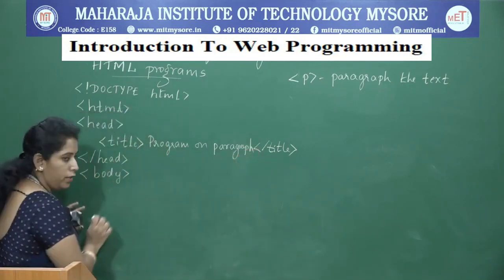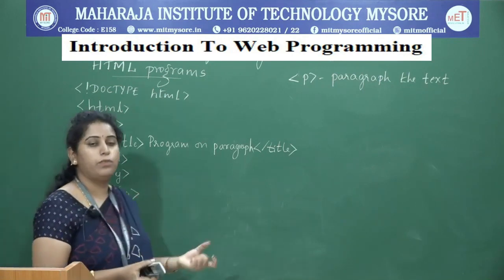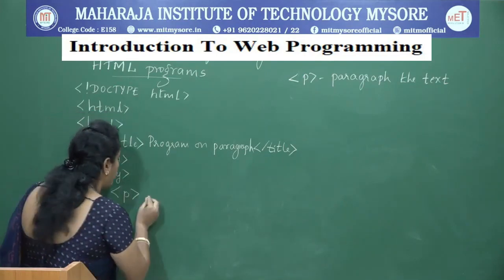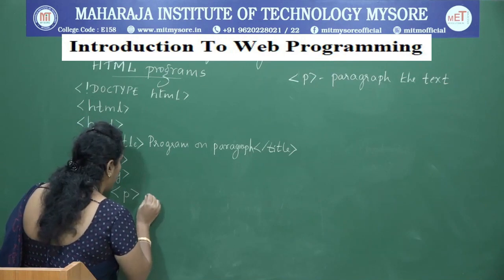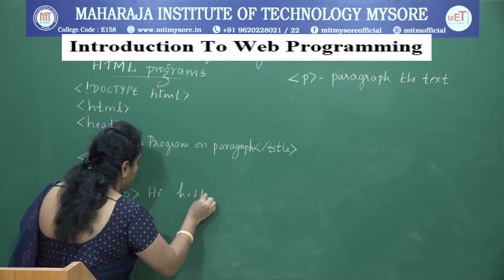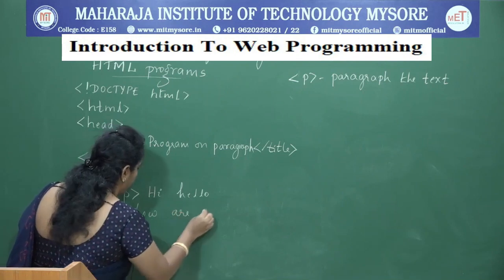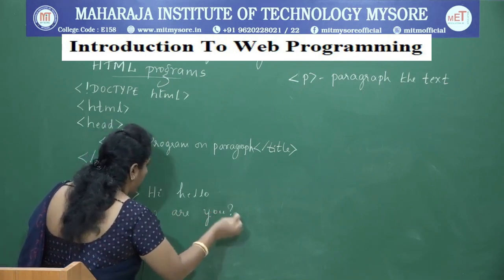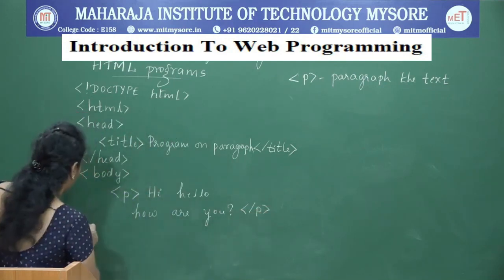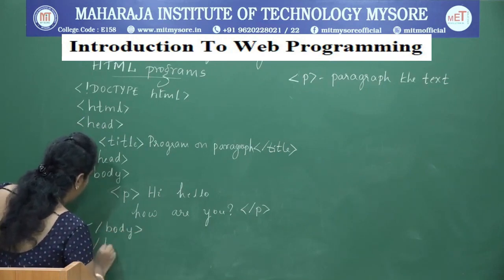In the body, if you want to frame text as a paragraph, you use the P tag. I am going to print hi, hello, and in the next line, how are you? Then I end the P tag. Finally, close the body and also close the HTML.